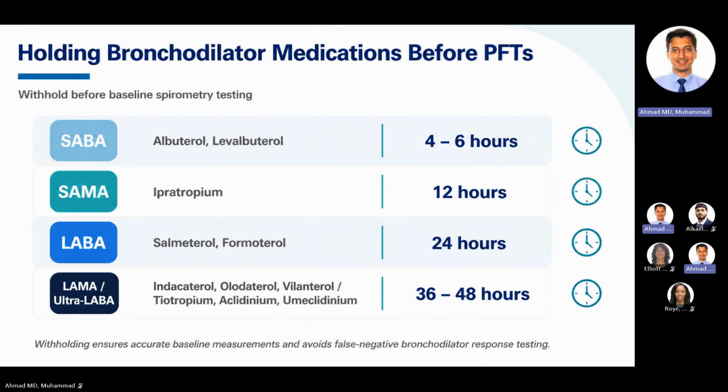You hold bronchodilators as short-acting beta agonists, albuterol, levoalbuterol for 4 to 6 hours.